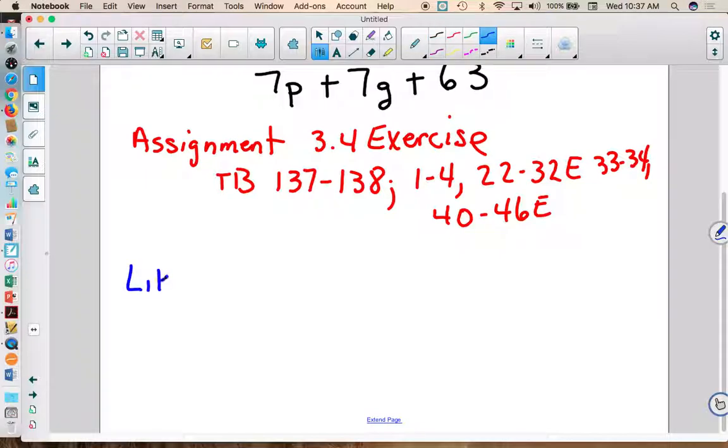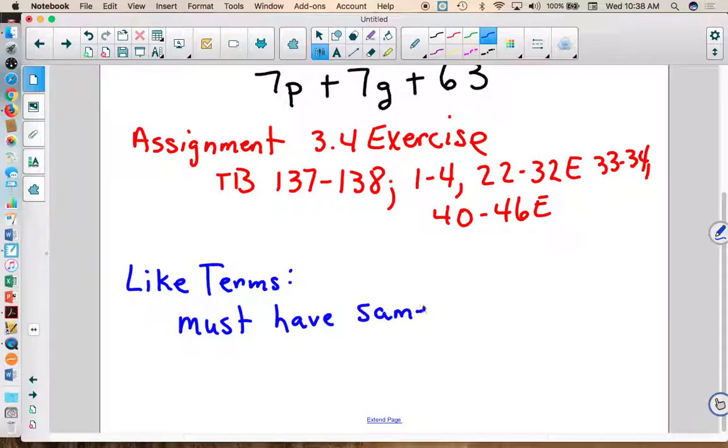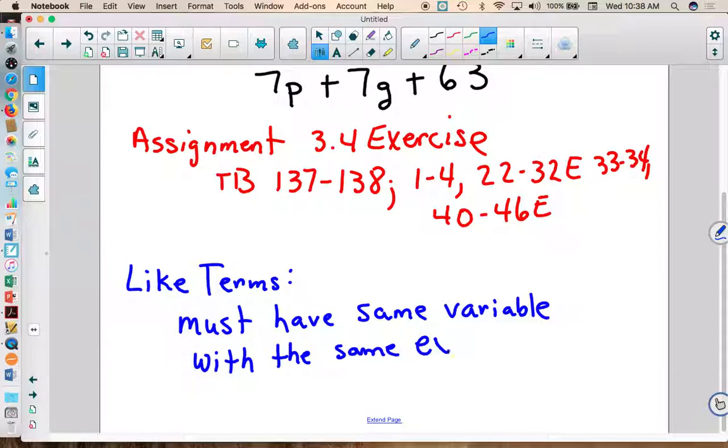Like terms must have the same variable with the same exponent.